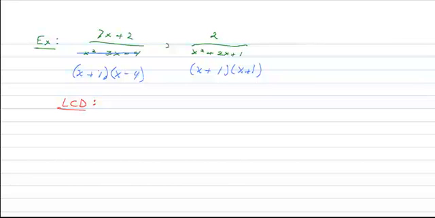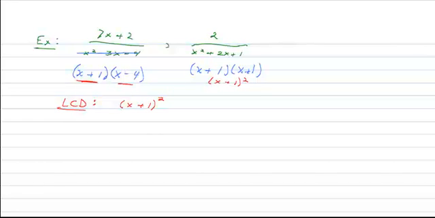Now from the first expression, we know we need x plus 1 as a factor. Is that a factor of the second expression? It is. But it's a factor twice. In fact, this could be rewritten as x plus 1 squared. So we need x plus 1 as a factor twice in our LCD.